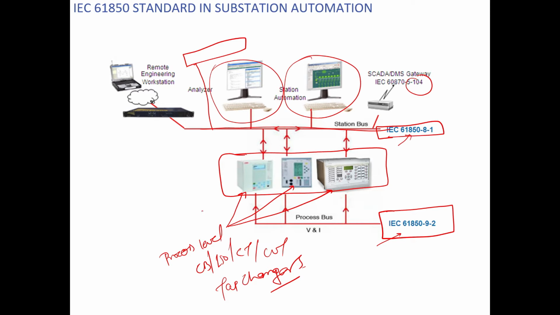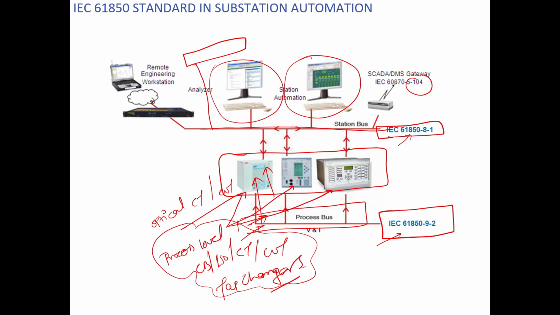And in the 9-2 standard, basically the change is that the process level is also now changed to optical CT or CVT. Then merging units are used, and the sampled values are directly sent from this process level equipment to your IEDs, and everything communicates on this first, the process bus, and then the station bus.